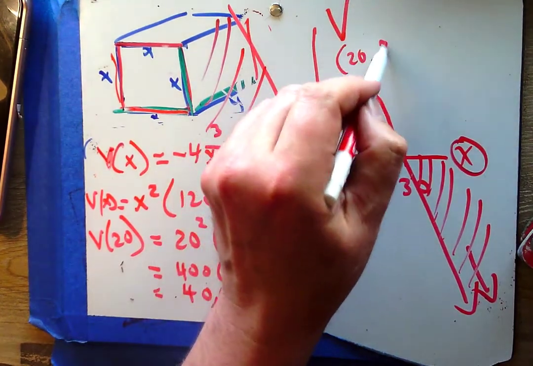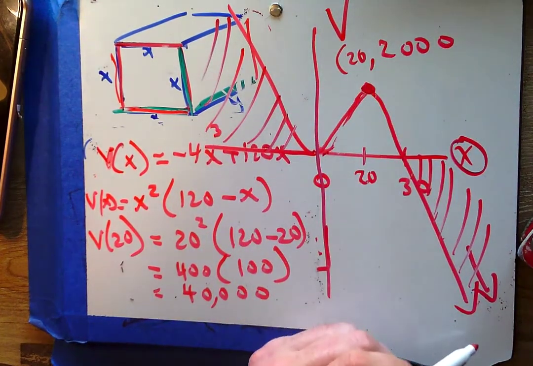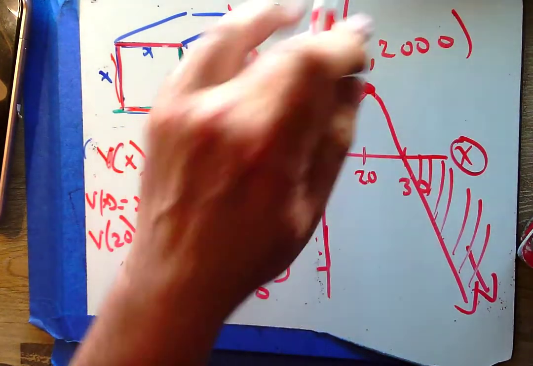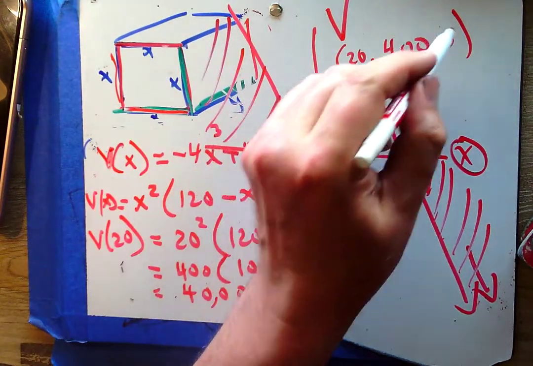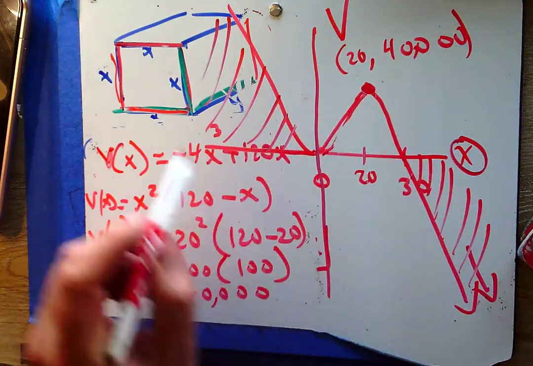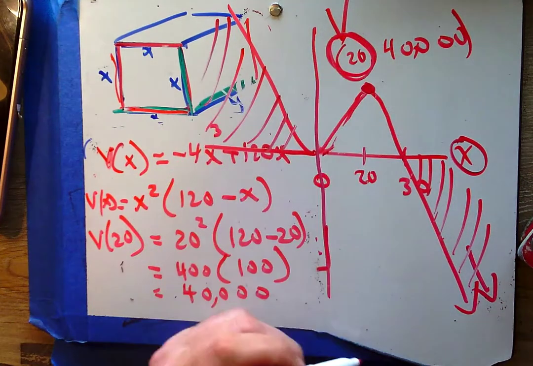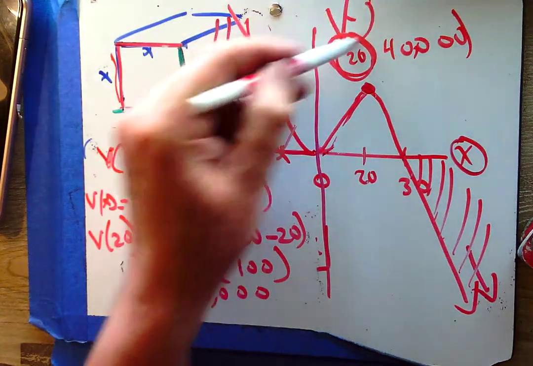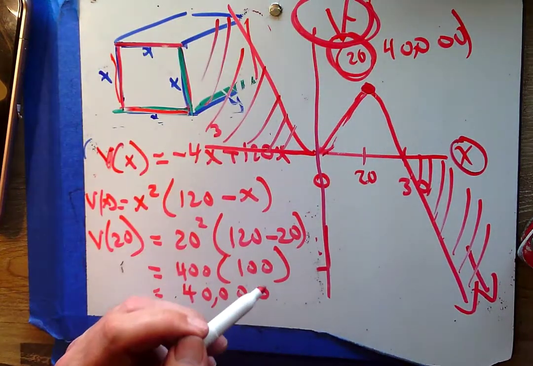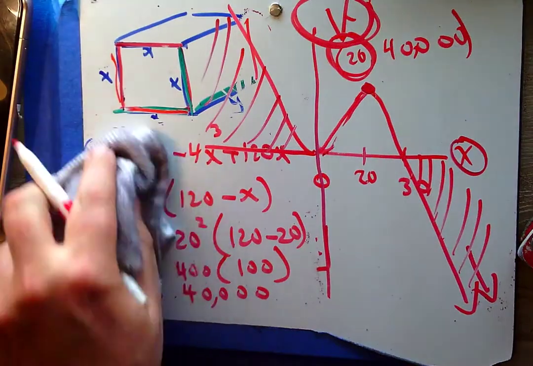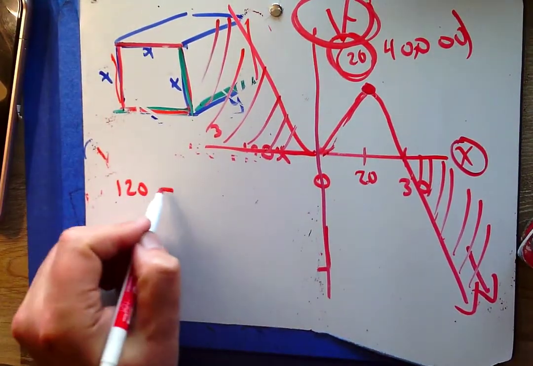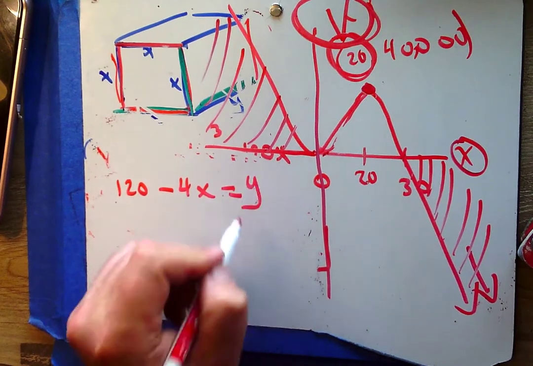Okay, so that's a nice big volume. But what are the dimensions of that box with the biggest volume? Well, right now we only know the x value. 40,000 isn't the y value. This is volume, not y. Remember we had that helping equation? That helping equation was 120 minus 4x equals y.